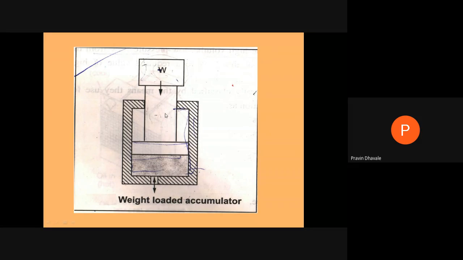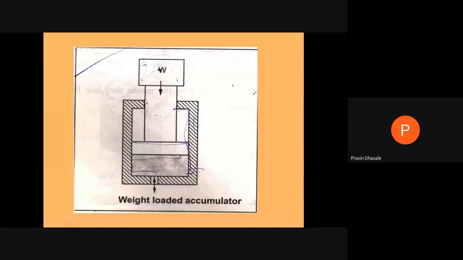So this larger piston rod and piston, that whole assembly acts as a ram, and on the top of this ram there is a weight that will increase the pressure on the fluid which is stored in this cylinder. So this total assembly is called a weight loaded accumulator.